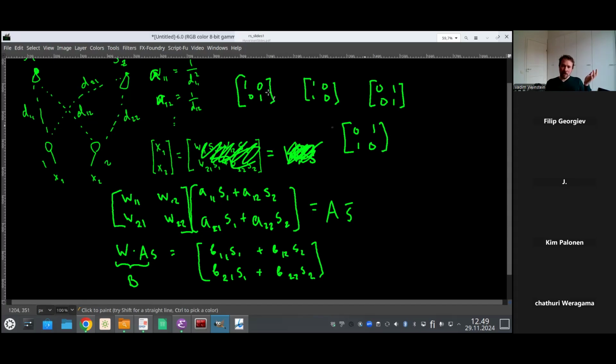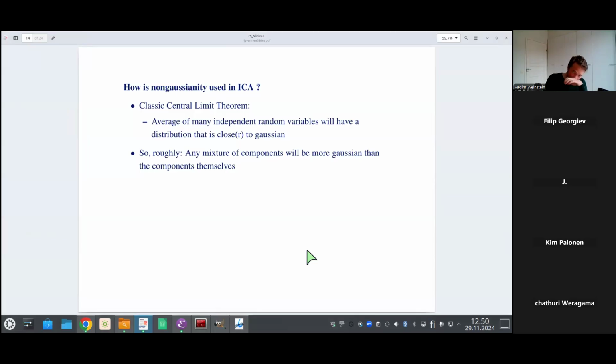If you have any other matrix, you will have a mixture, and then you have a kurtosis smaller than it could be, closer to zero. As soon as you have a mixture, you're closer to Gaussian. So that's why maximizing kurtosis is the key to this, to be precise, maximizing the absolute value of the excess kurtosis.